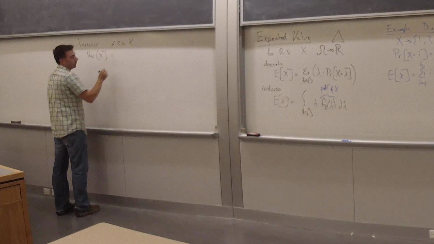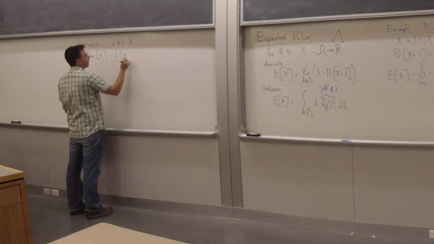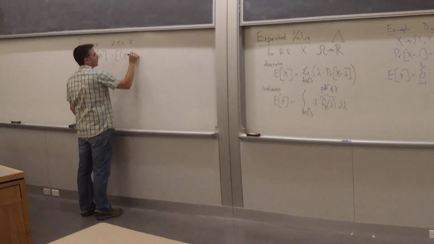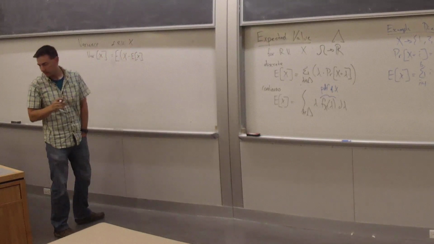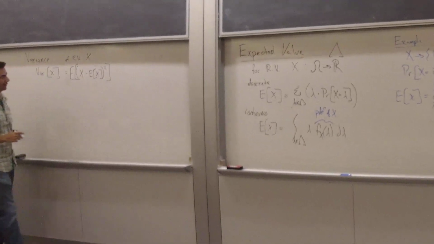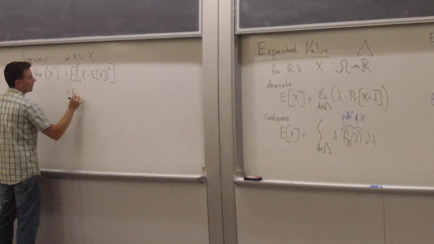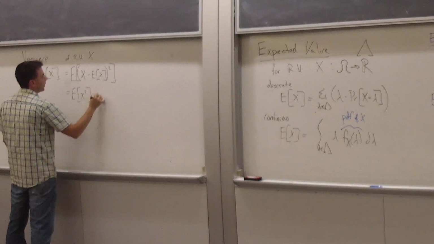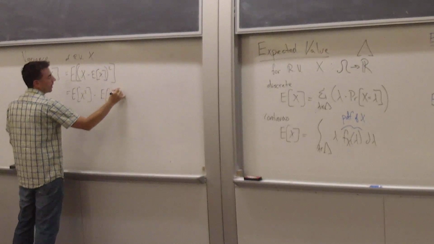There are these two equivalent definitions, which use the expected value: the expected value of x minus the expected value of x, squared, and equivalently the expected value of x squared minus the expected value of x quantity squared.